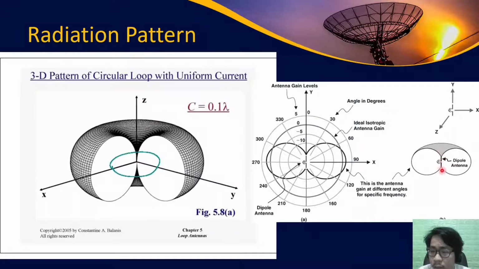The half-wave dipole antenna is vertically oriented in its physical form, and its polarization is horizontal, which is the same as our loop antenna.